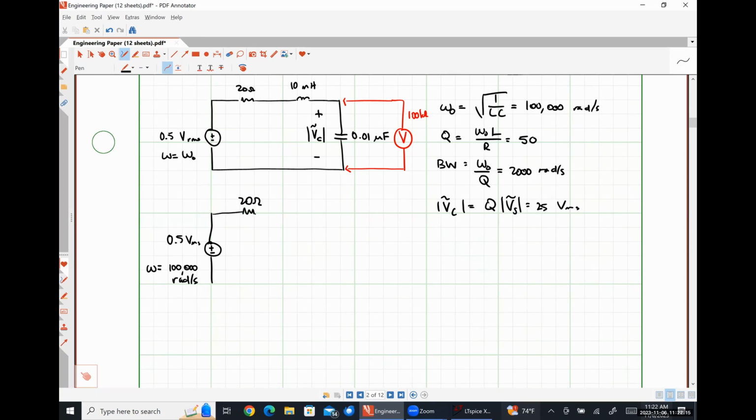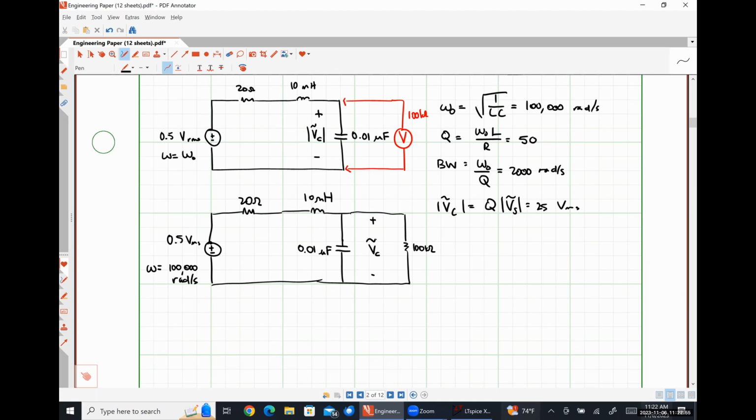We still have our 20 ohm resistor, our 10 millihenry inductance, our 0.01 microfarad capacitor. But now we have this pesky 100 kiloohms of resistance connected. Here's the capacitor voltage that the multimeter would see.